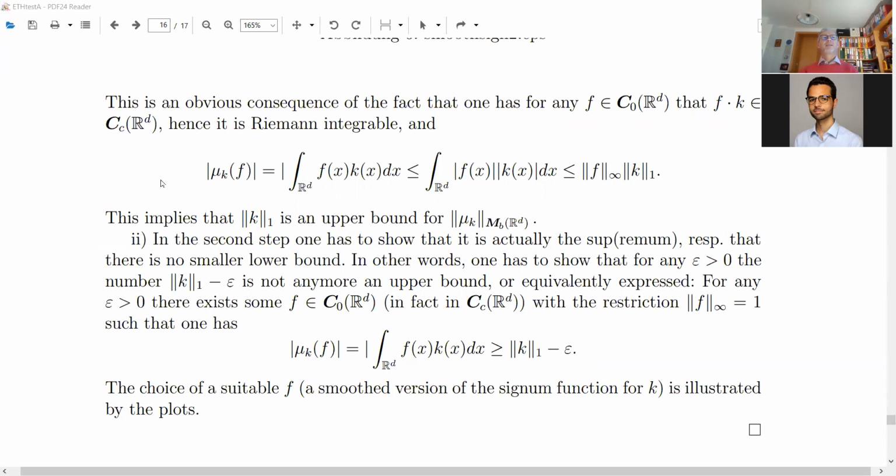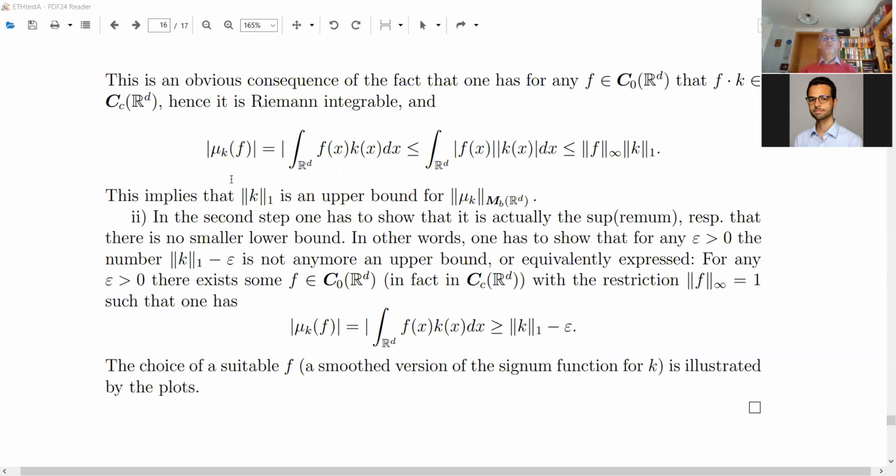So yes, this is obviously a linear functional, and it can be estimated, so it's bounded. And if somebody asks what is the one possible estimate, this estimate shows that the functional norm of mu sub k is clearly controlled by the L1 norm of the k.